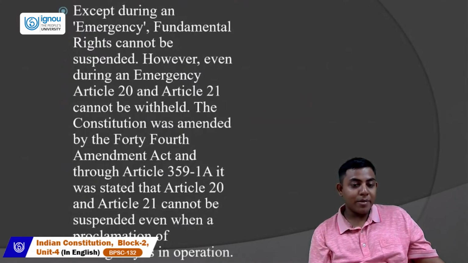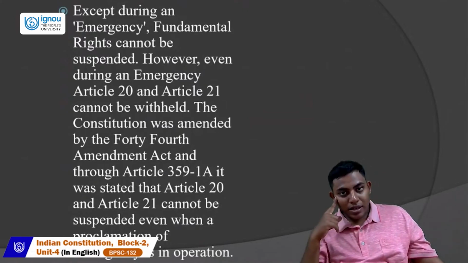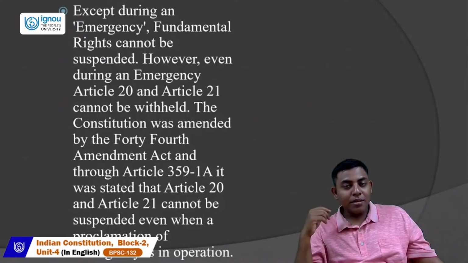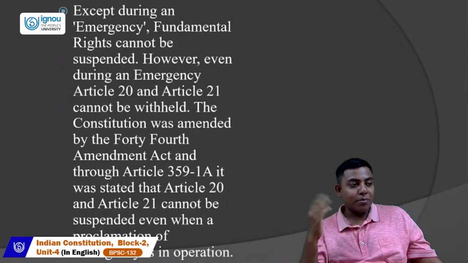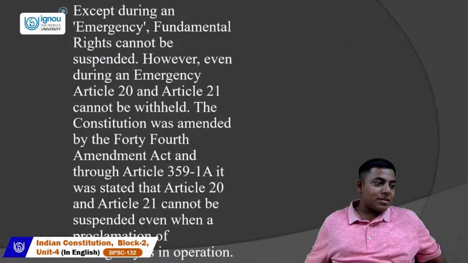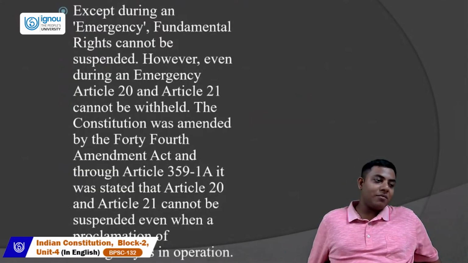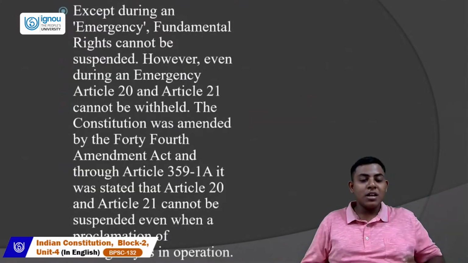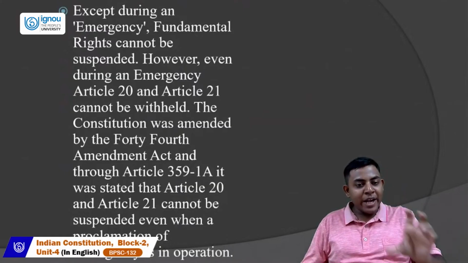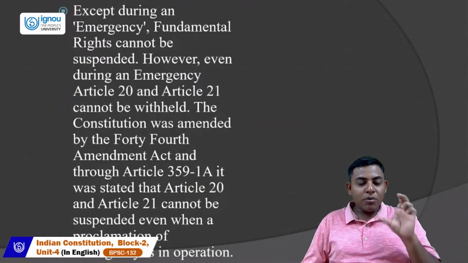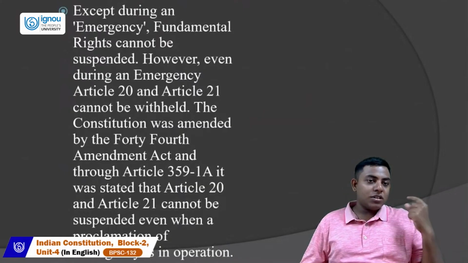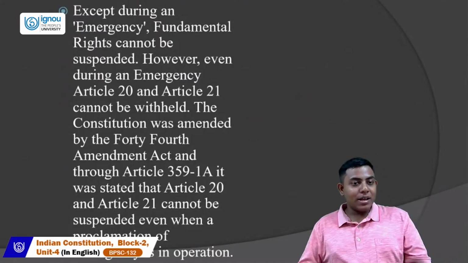So the 44th Amendment Act, which was brought in by the Janata government in the post-emergency era, inserted this provision that even while a national emergency is in force, provisions of Article 20 and 21 cannot be withheld. So this was in light of the abuses that had taken place during the period of emergency, when the judiciary had also become helpless.